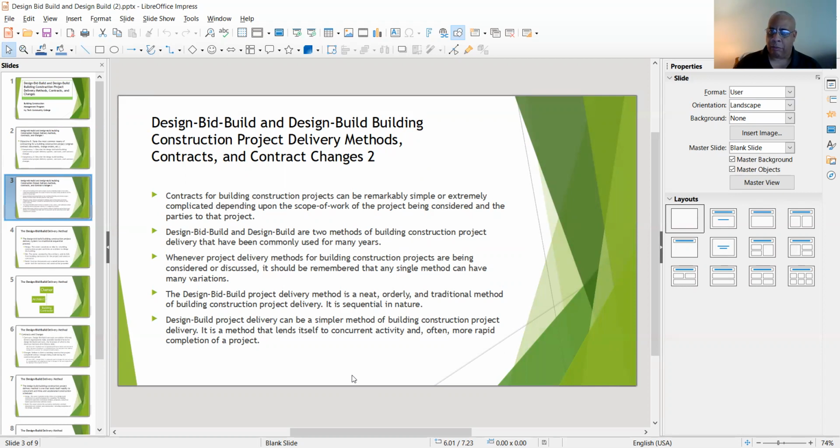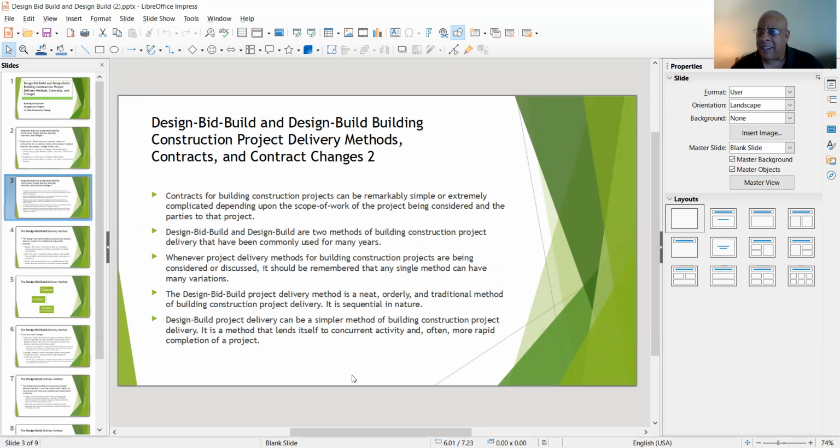Now, when we deal with projects, you have to look at this scenario. Whenever project delivery methods for building construction projects are being considered or discussed, it must be remembered that any single method can have many variations. Now, the design bid build project delivery method is a neat, orderly, and traditional method of building construction project delivery.